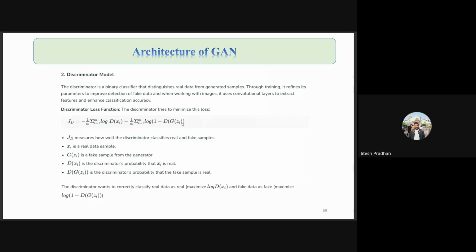In G(z_i), G is the generator output and z_i is the latent vector. Based on the vector, it has generated an image. So it gives you the fake part and the real part, and jointly they create the binary cross entropy. Up to this point it is clear.